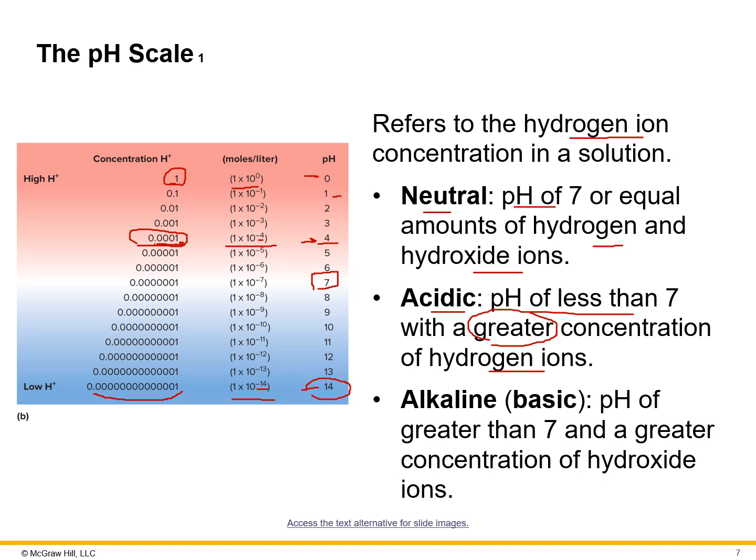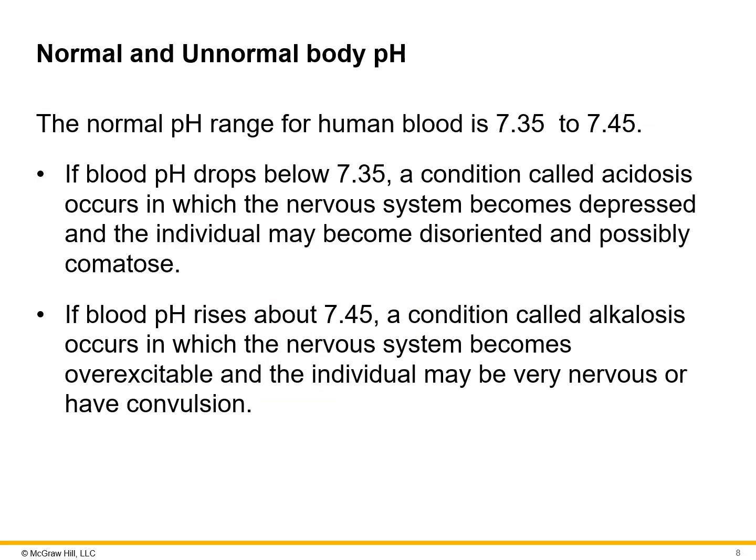Again, a pH of 1 compared to 7, we have more hydrogen ions than at 7, because of the number of zeros in front of our 1, so it's much smaller. And alkaline or basic is a pH greater than 7, which means we now have more hydroxide and fewer hydrogen ions.